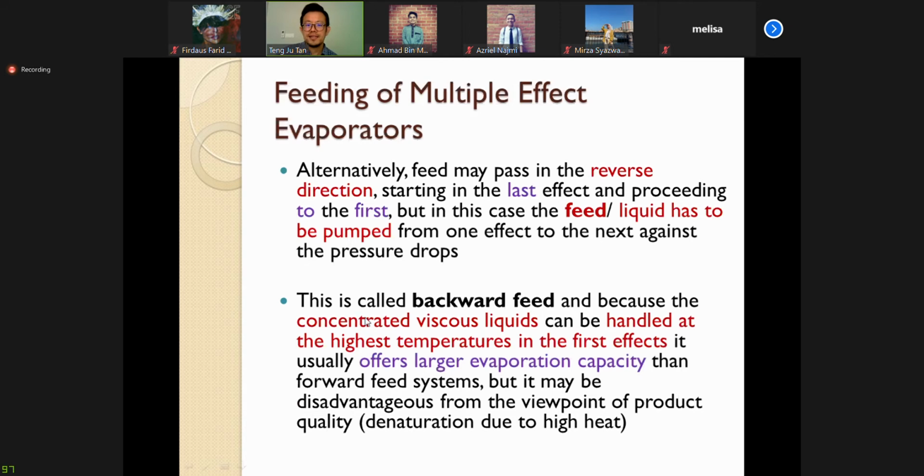All right. So this is called backward feed. Because the concentrated viscous liquid can be handled at the highest temperature in the first effect, it usually offers larger evaporation capacity than the forward feed system, but it also may be disadvantageous from the viewpoint of product quality because of very high temperature. Okay, denaturation due to high heat.